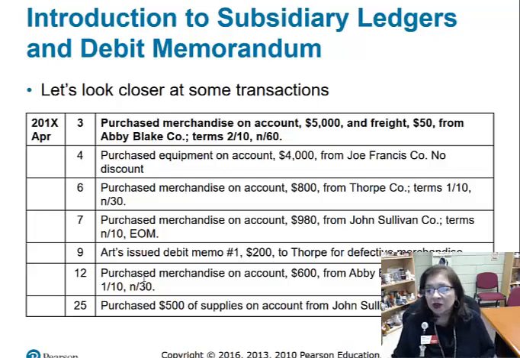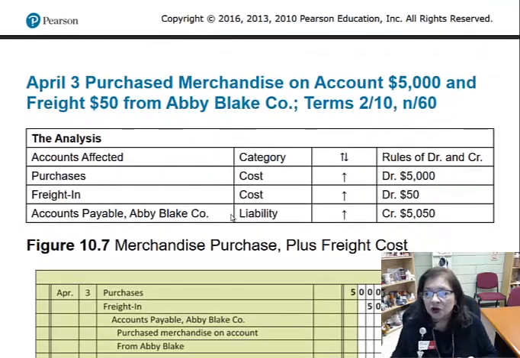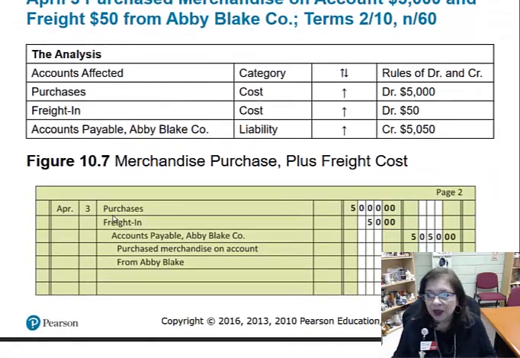Okay? And then any items that were returned because of defectiveness. So the accounts affected, of course, are going to be purchases, freight in, accounts payable, and then any discounts. So here we have the first one, purchases for $5,000 on April 3rd.